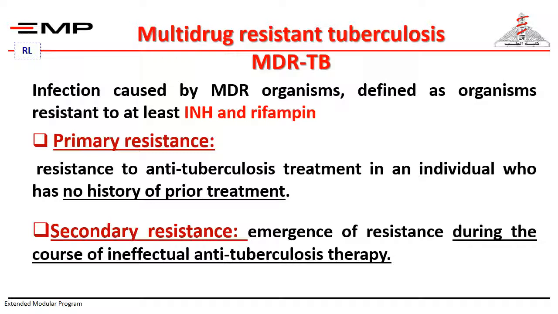While secondary resistance is the emergence of resistance during the course of inefficient anti-tuberculosis therapy. The patient is not getting his regular dose or regular management, or he is missing doses of anti-tuberculosis therapy, so he can develop secondary resistance.